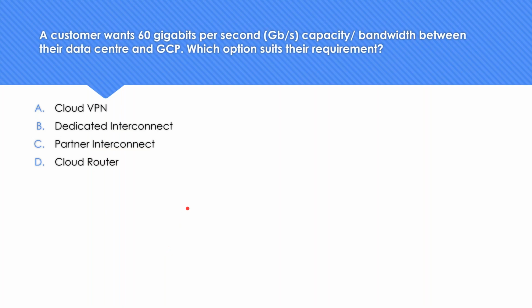Customer wants 60 gigabits per second capacity or bandwidth, whatever you want to call it, between their data center and GCP. Which option suits their requirement? Anil Kumar, okay, so fast, 1 minute.